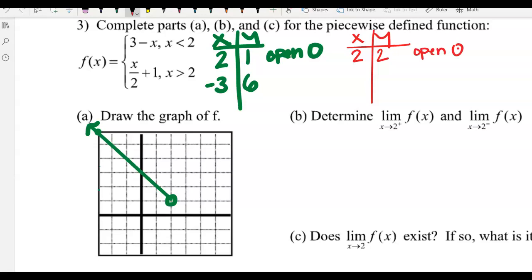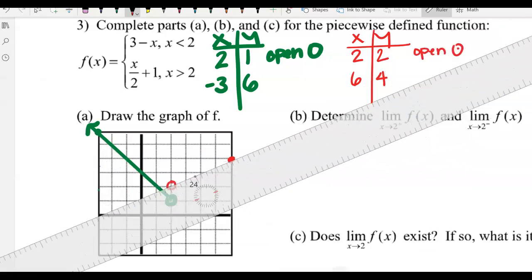Lindsay, what's your next x value for the second piece? 5. How about pick something that's divisible by 2? Okay. 6, 4, is that okay? If you have a fraction that's denominator 2, we want to pick something that's friendly. I mean, don't get me wrong. Pick 5. You can pick 5 all day long. Okay. 6 divided by 2, Lindsay, is? 1. Perfect. So (2, 2), (4, 6) over 4.